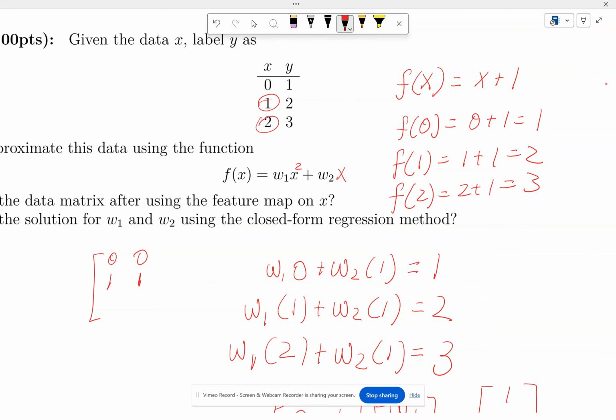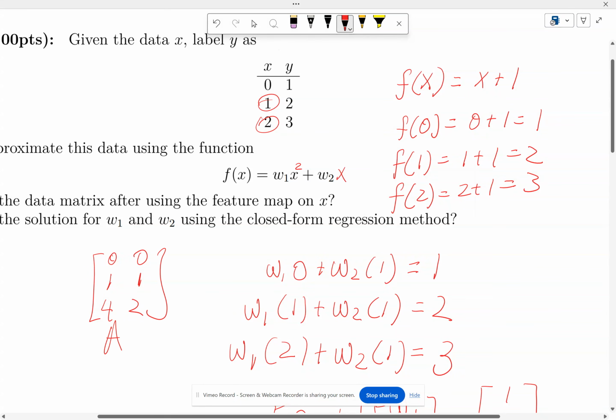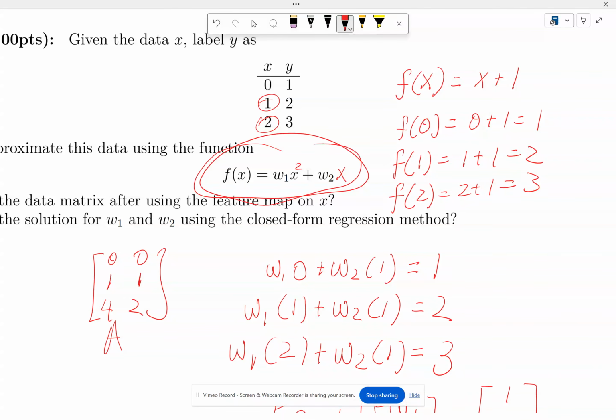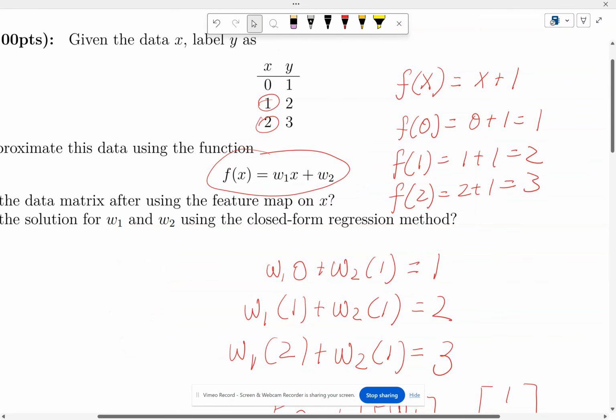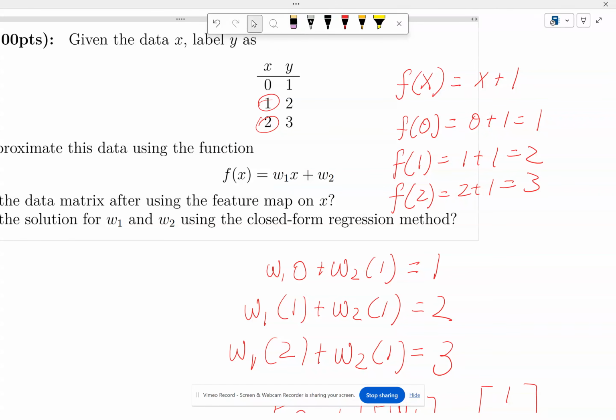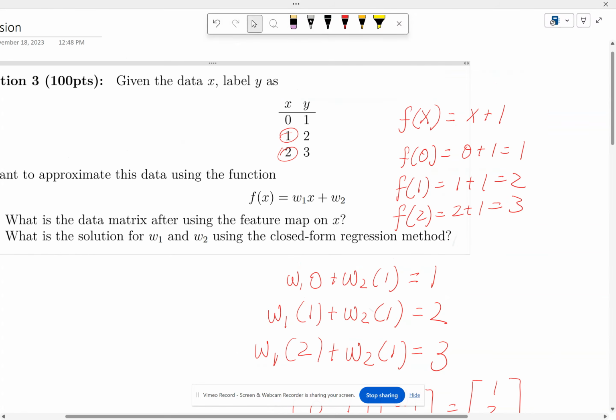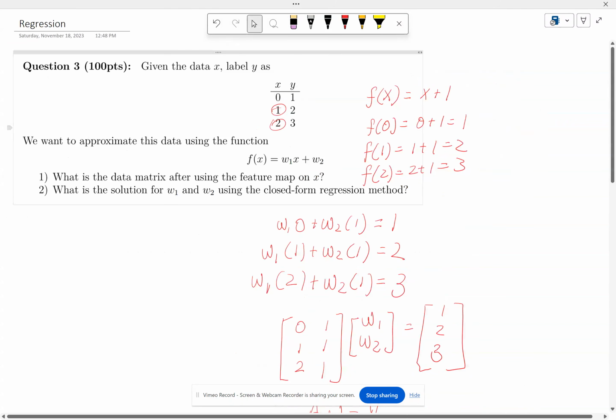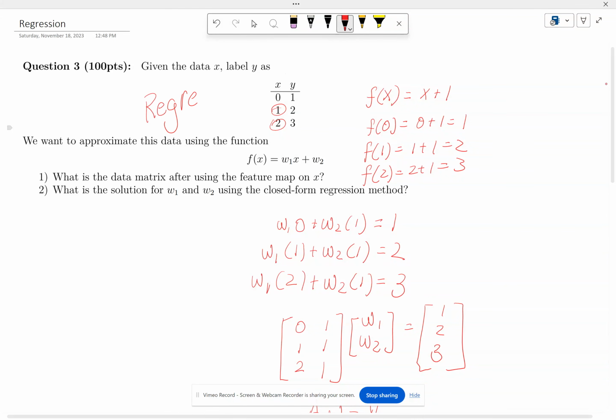And if you plug 2 in, that'll be 4 and 2. Okay, so the A matrix will be different. I keep repeating this. Make sure you pay attention to this function. All right, don't just assume it's always going to be linear. All right, so this is how you would solve a regression problem. Regression. All right. Good luck.